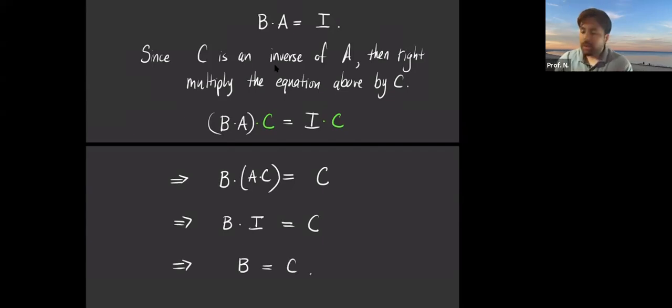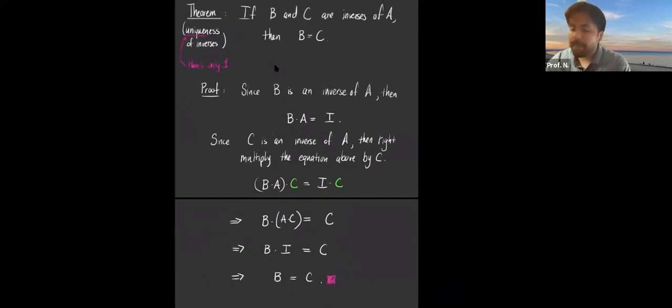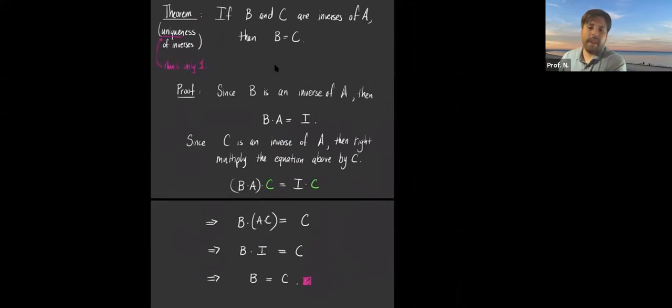It's C. So then what did I just prove? I proved that if I do have two different inverses, they really are one and the same. So inverses are not different. You can't have more than one inverse. There's only one unique inverse. That's what this means.